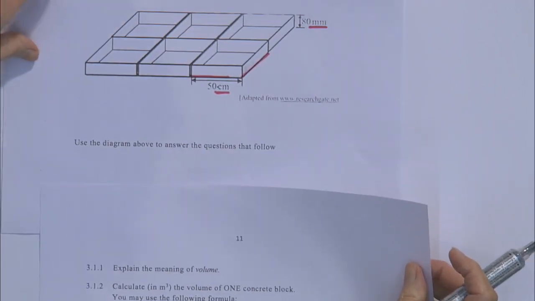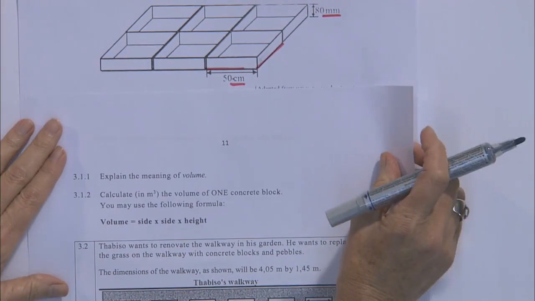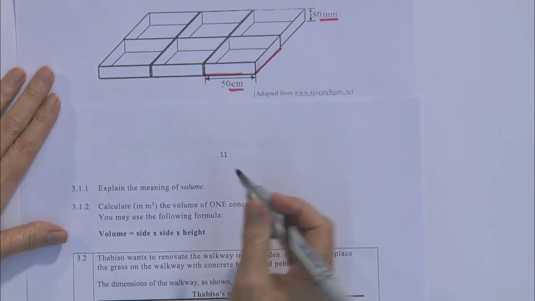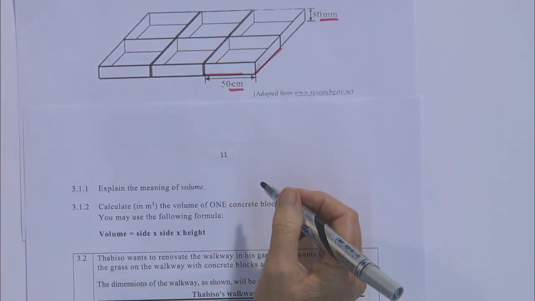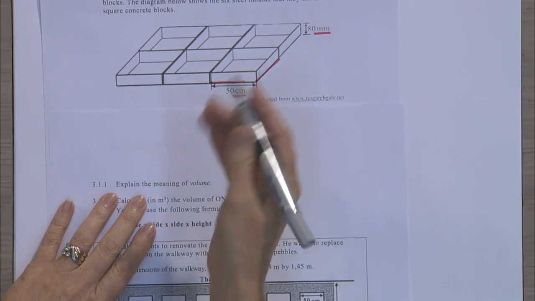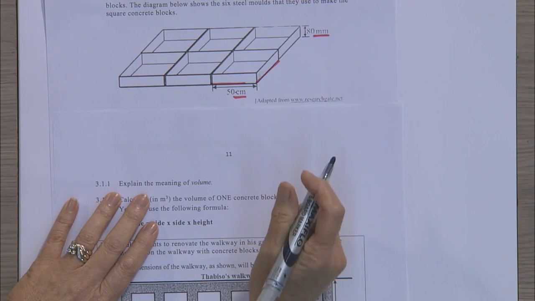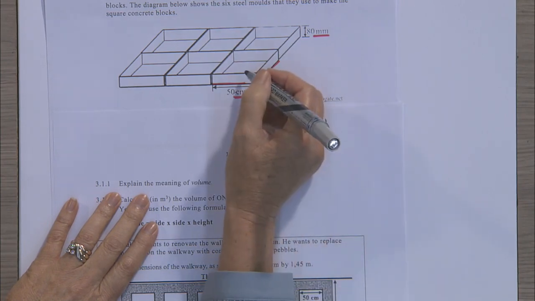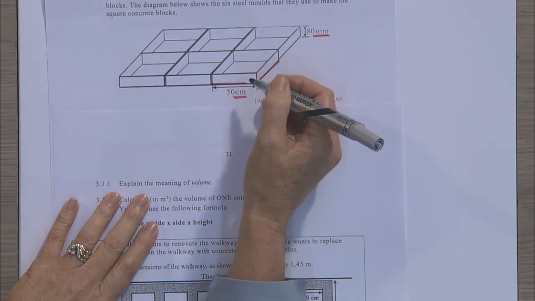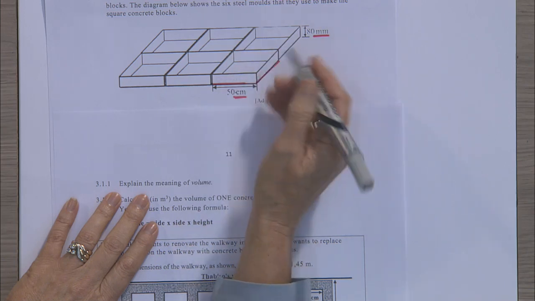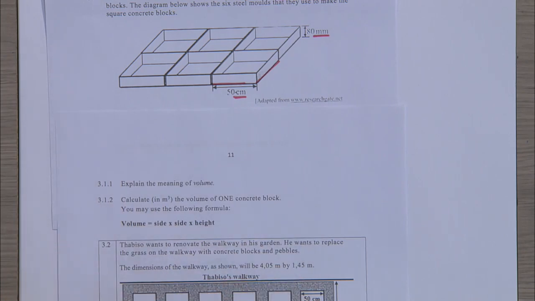So then we are going to move along to the questions about these concrete blocks. The first question that they ask about the blocks is explain the meaning of volume. All right, so that is a definition, and a definition you must study. So what is the definition of volume? Volume is the amount of solids or liquids an object can hold or take, whatever can go into the block.